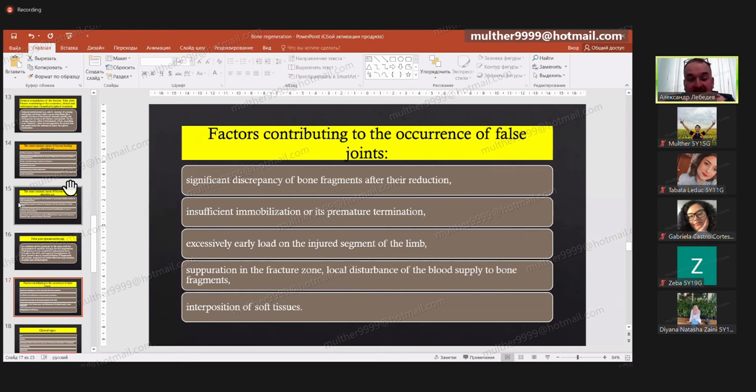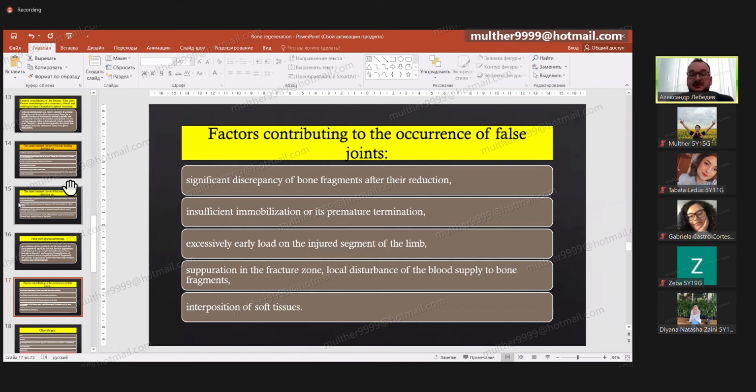You see the interposition of soft tissue and others. That's why if you want a good result of your treatment, you must guarantee it, or you must reduce the bad effects of these factors on the date of admission, or maybe a few days after presenting your patient in your department, when you operate on him.